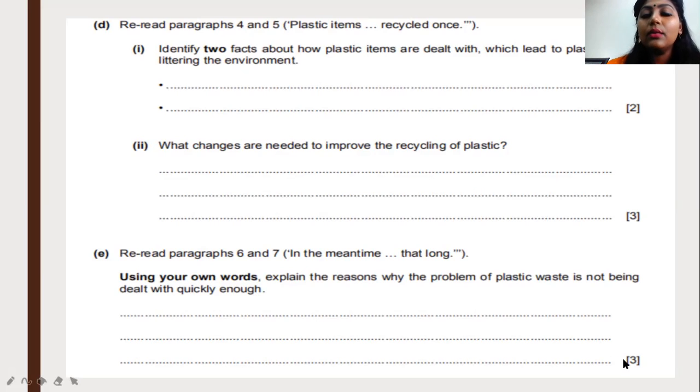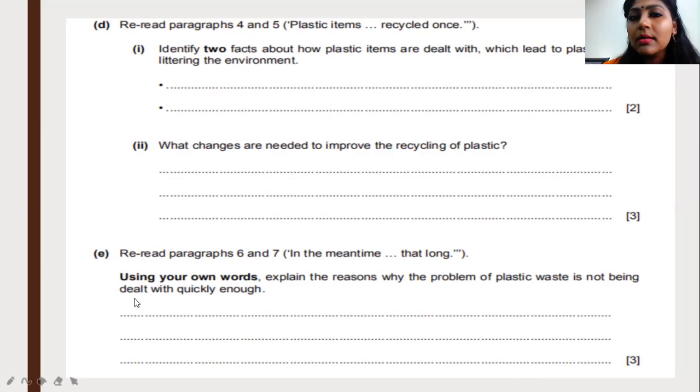So here, what are the reasons why the problem of plastic waste is not being dealt with quickly enough? You need to get three reasons here. You take the reasons from the text, and again, it may be explicitly or implicitly written, whichever way the ideas are written in the text. Just extract the points and make sure that you use your own words.